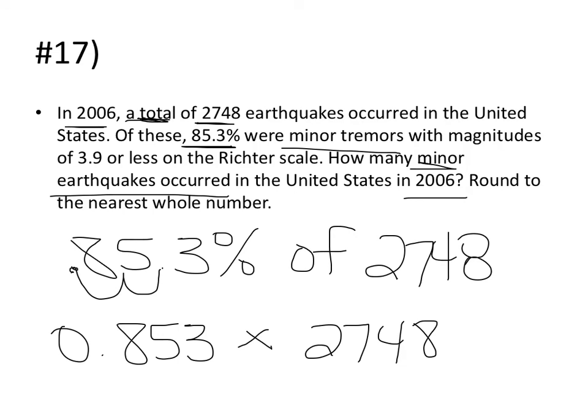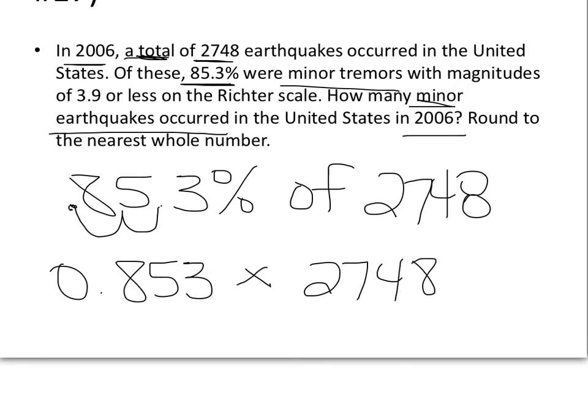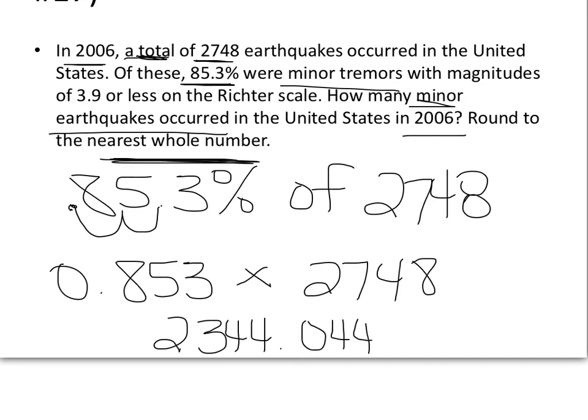So let's punch that in our calculator. We're going to get 0.853 of 2748. And you get 2,344.044. But remember, it says round to the nearest whole number.